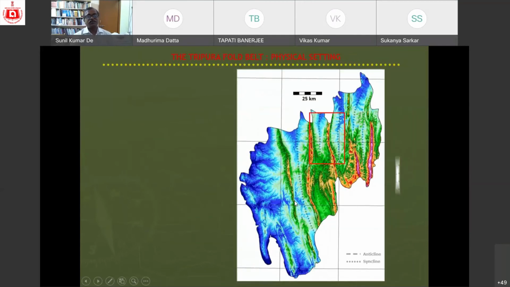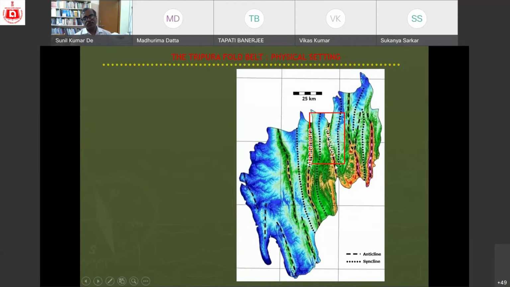Now, these are the ridges and valleys. This is Boromura, Atharmula, all these continuous lines, almost dotted continuous lines are hill ranges, and these are the river valleys or the synclines. And it was all right. In the northern part of Tripura, it was a plain land, almost plain.